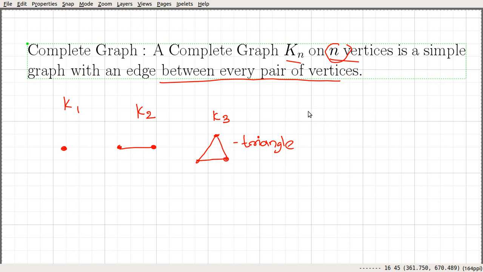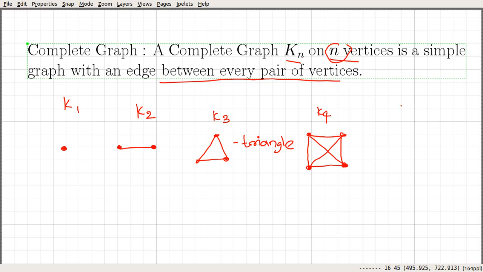Let's look into two more. K4. In K4 we have four vertices and let's add an edge between each pair of vertices. Then an edge between these two and an edge between these two. So this is K4. It has four vertices and an edge between each pair of vertices.